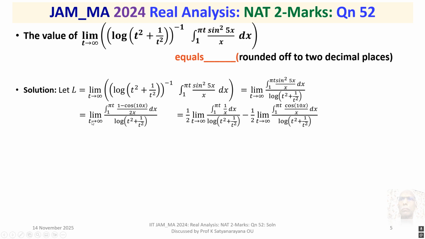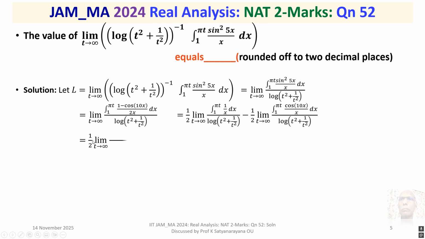Now we separate this as 1 by 2 taken out completely, and limit t tends to infinity of integral from 1 to pi t of 1 by x dx by log of (t square plus 1 by t square), minus 1 by 2 limit t tends to infinity of the numerator integral from 1 to pi t of cos 10x by x dx by log of (t square plus 1 by t square). Right.